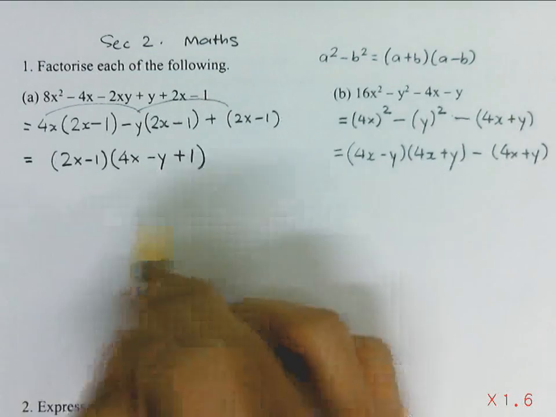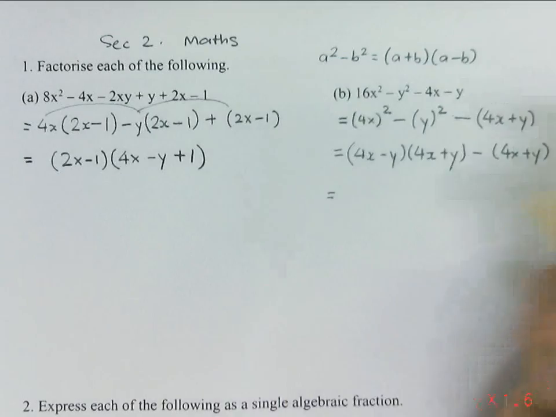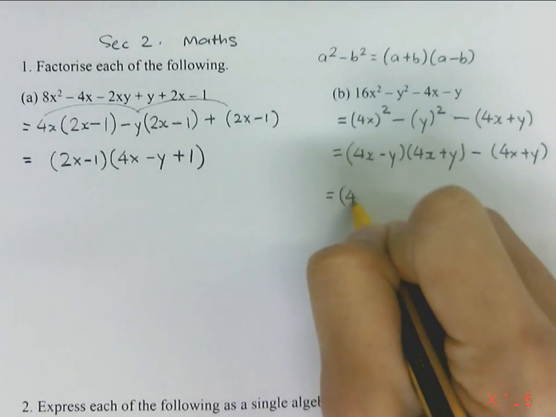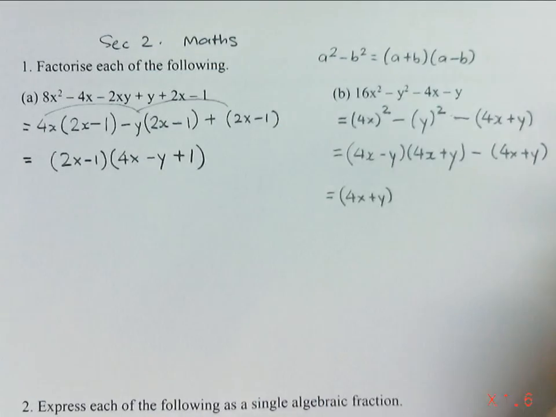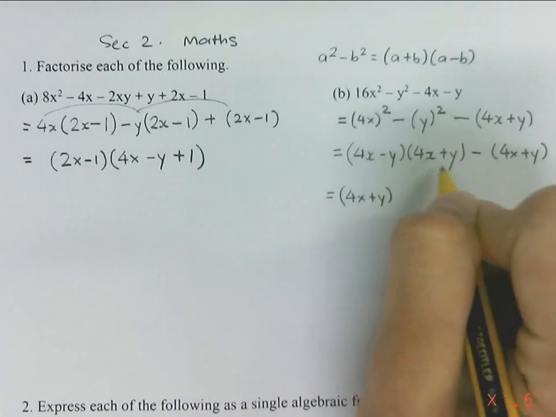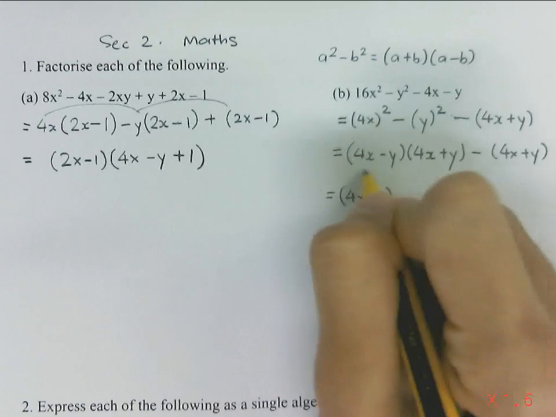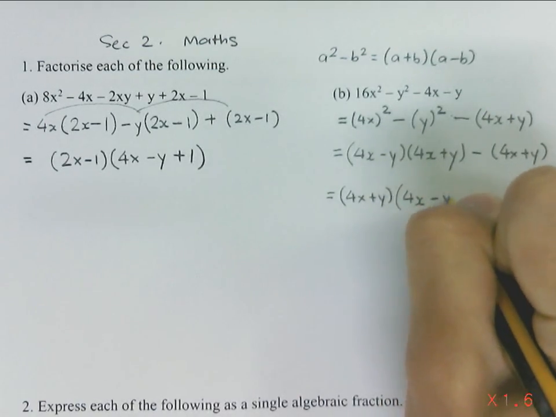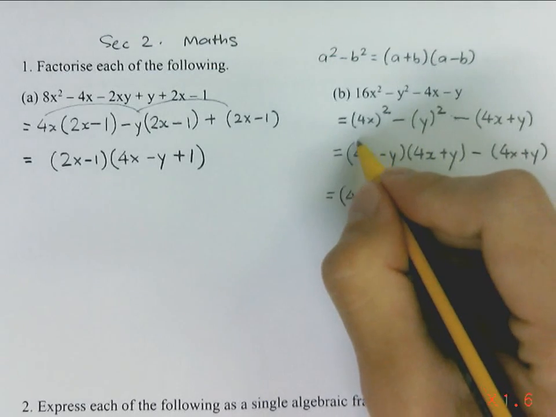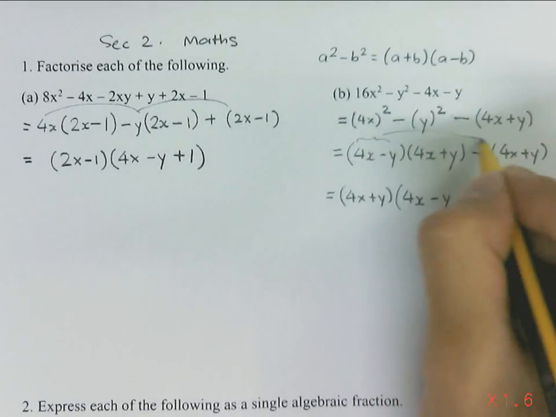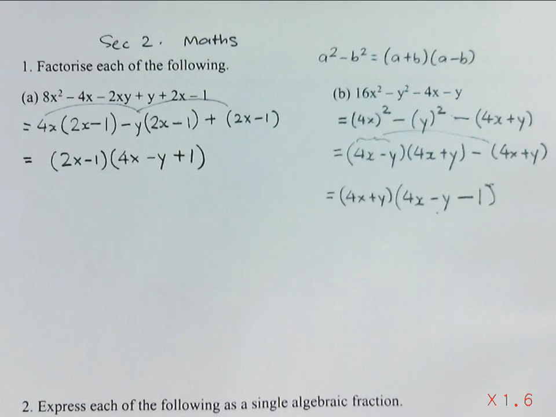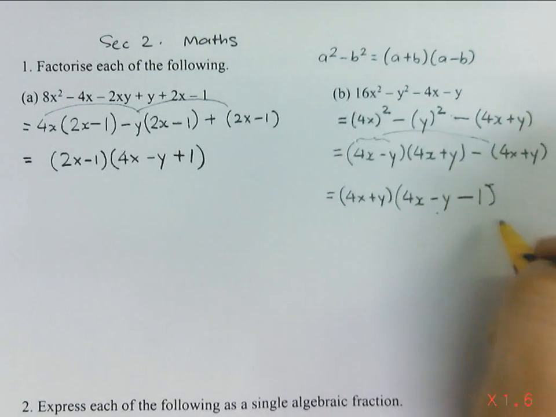Now similarly to part A, we notice that both terms have common factor 4x plus y. So factorizing out 4x plus y, I will have the other factor 4x minus y, followed by a minus 1. And this will be completely factorized.